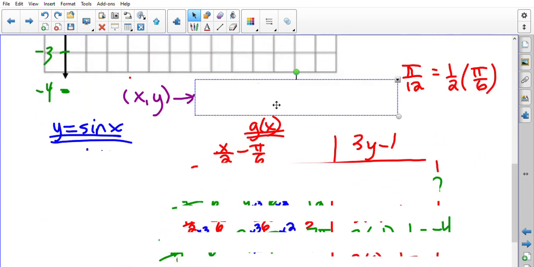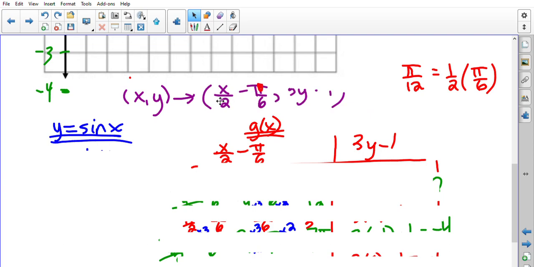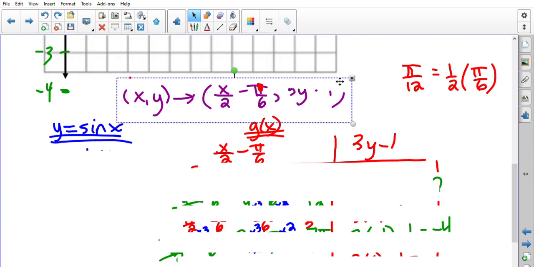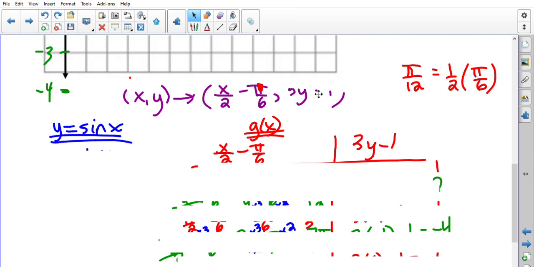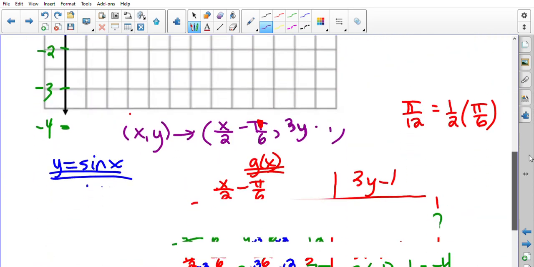So in our mapping statement, that's going to look like this. Okay, so that's going to be x over 2 minus pi over 6, write it out, okay, so equals 3y. Okay. And then our c value was -1.